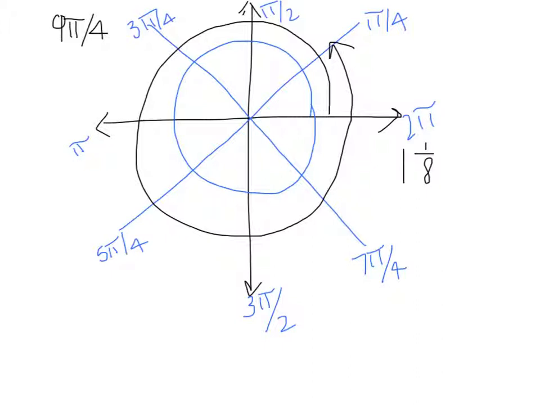So we would have to go 1 full rotation and then 1 more eighth to make it 9 pi over 4. So it's like doing 9/8 times 2 pi, which would be 1 revolution. So you could look at it like that, or you can continue to count around until you get to 9 pi over 4. Since this is a circle, it keeps going and it doesn't end.